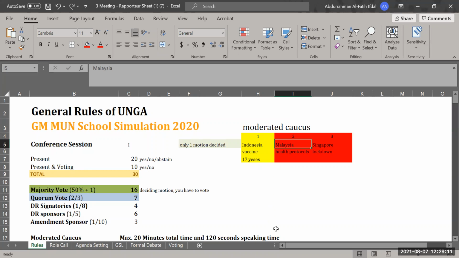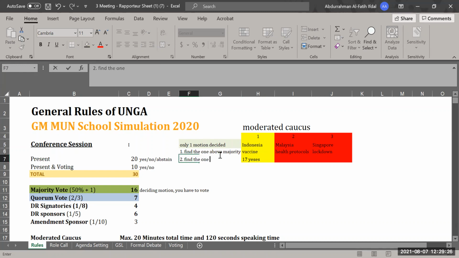So the answer is Indonesia. The rules you have to know are, first, find the one above majority vote. The second is to find the one that was proposed first, or the earliest queue.